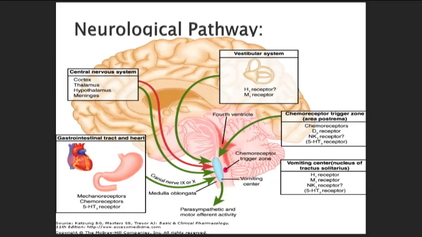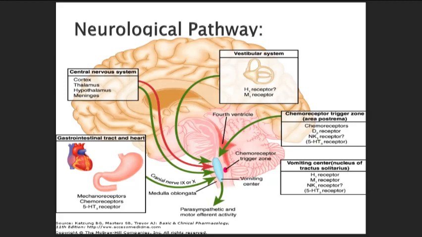The afferent nerves give signals transmitted from the GIT, nervous system, or vestibular apparatus, and that will initiate the vomiting center and CTZ. Ultimately, the vomiting center will transmit impulses as efferent neurons to the GIT organs for the expulsion of GIT contents in terms of vomiting.